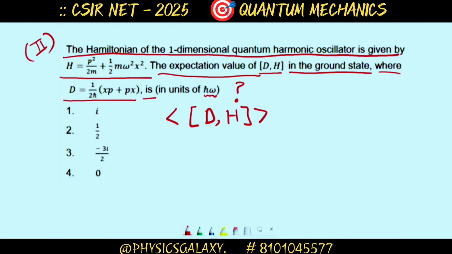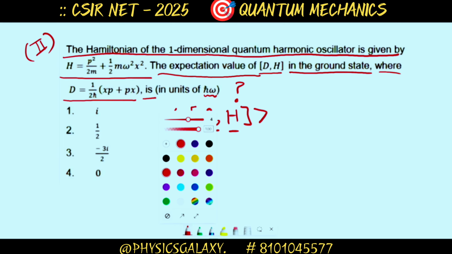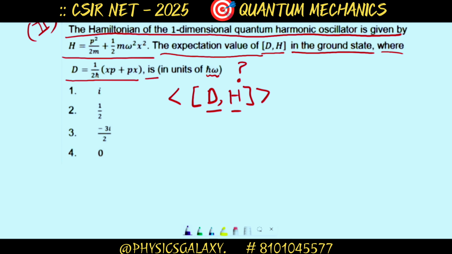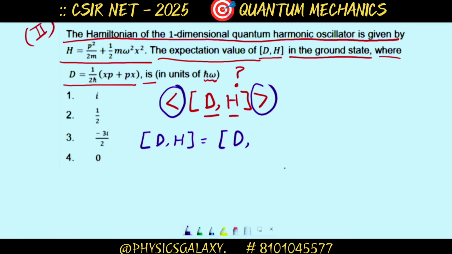We know D, we know H also, so let's see. I will find the expectation at the end, but let's solve this commutation relation first. [D, H] will be equal to [D, p squared by 2m plus half m omega squared x squared].